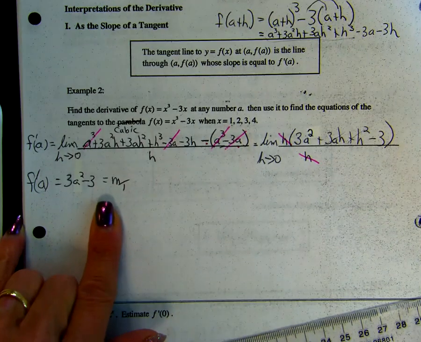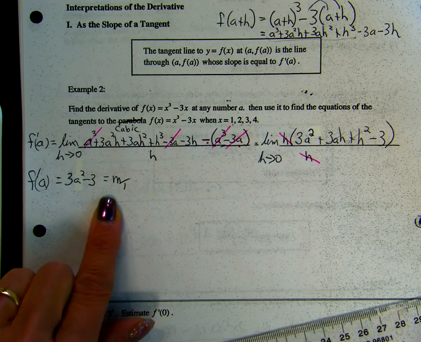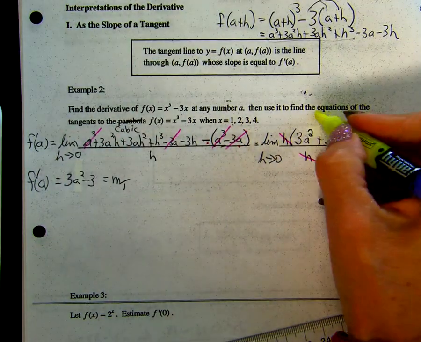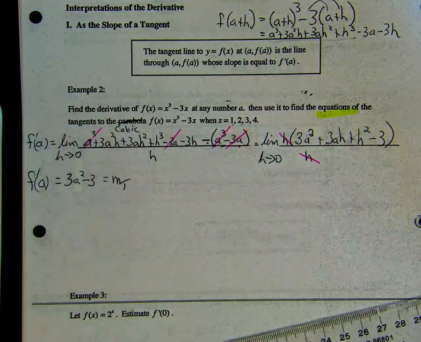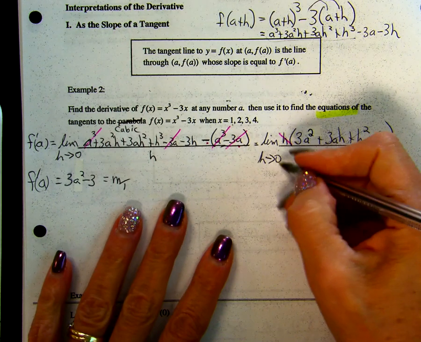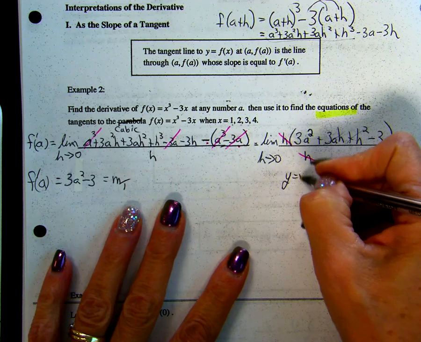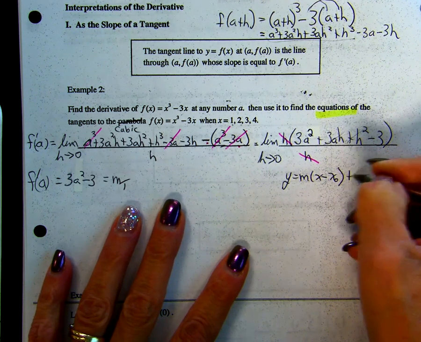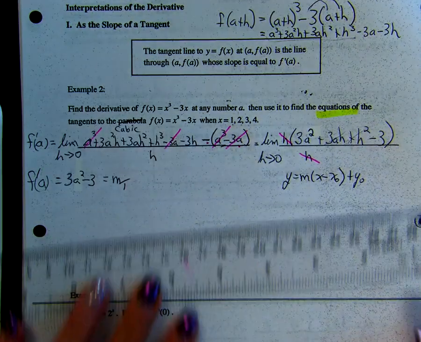So now it's asking me to find, and this is the long question, the equation of the tangent line to the cubic. So if I'm going to write the equation, I need y equals m, x minus x naught, plus y naught.